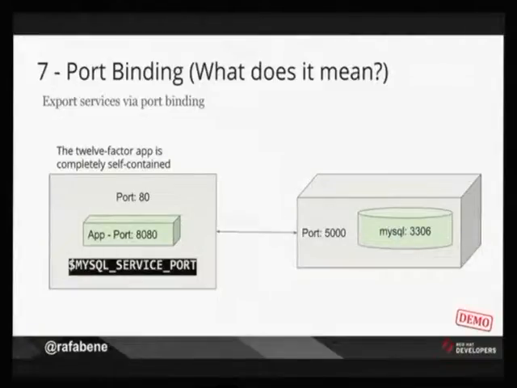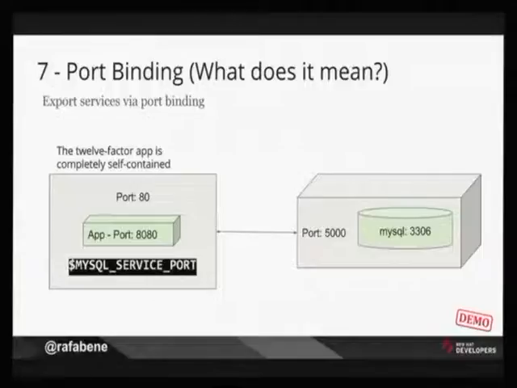Now, the factor about port binding. That's the factor that tells you how to find another resource in the network. Because, for example, let's think about Java applications, or even Node applications. Most of them will run on port 8080, right? We can have, for example, MySQL running on port 3306. But suppose that I have multiple databases.